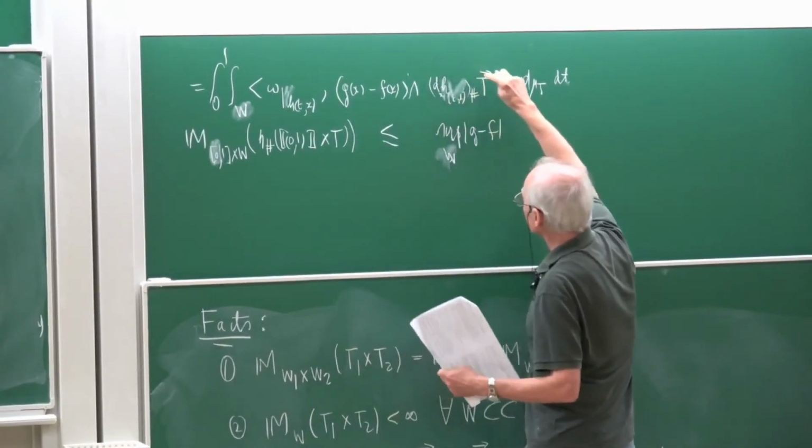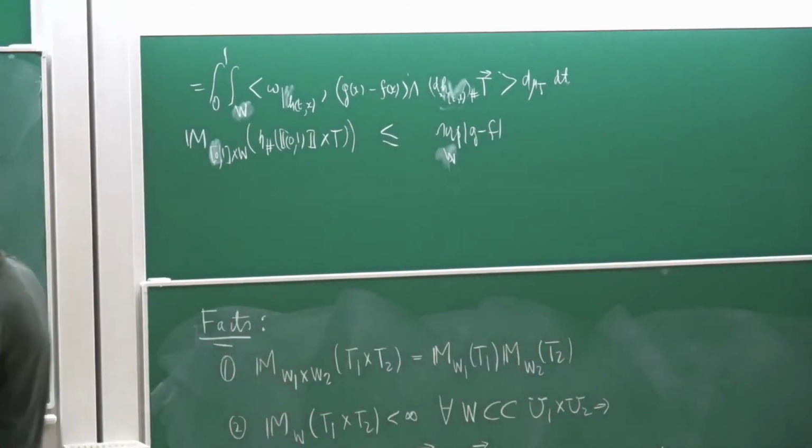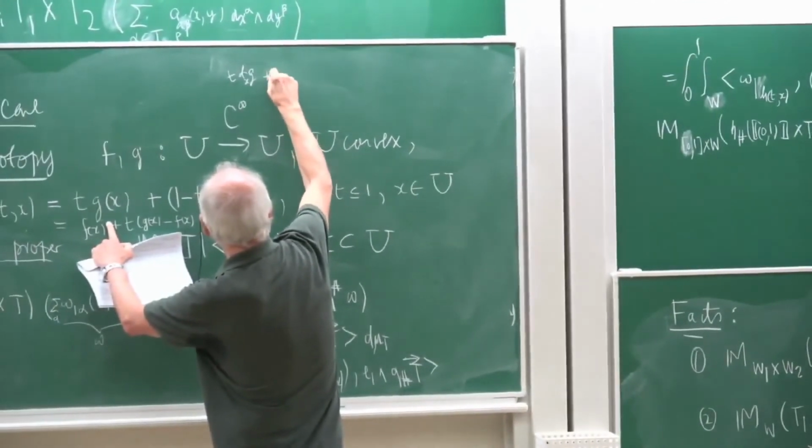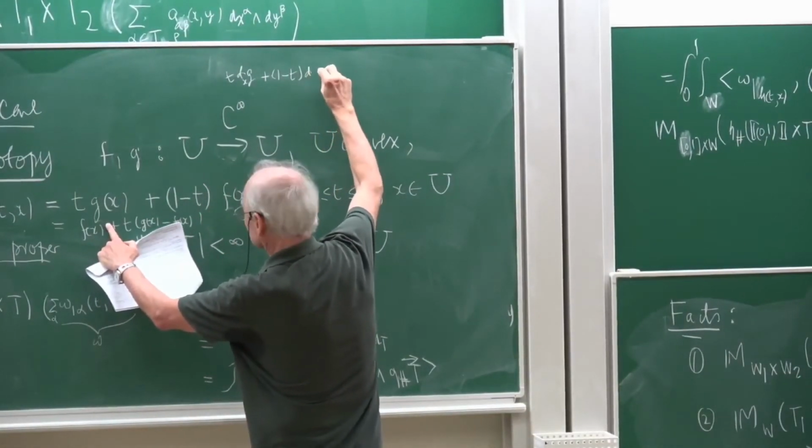Now, we've got to be careful about this. This is the x derivatives, so it's t times dg x plus 1 minus t times df x.